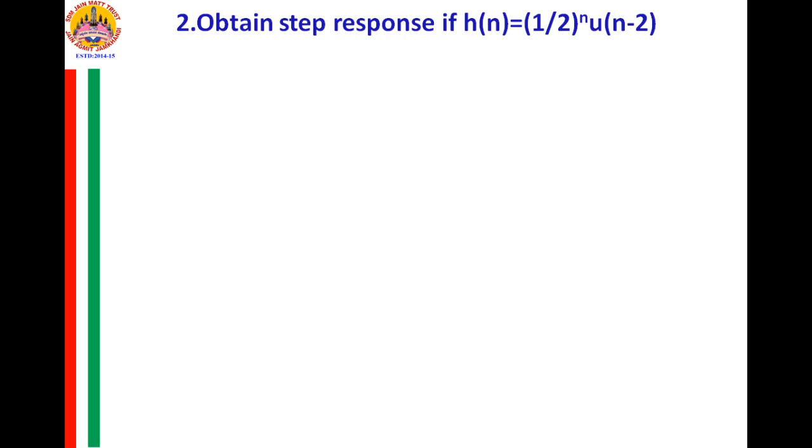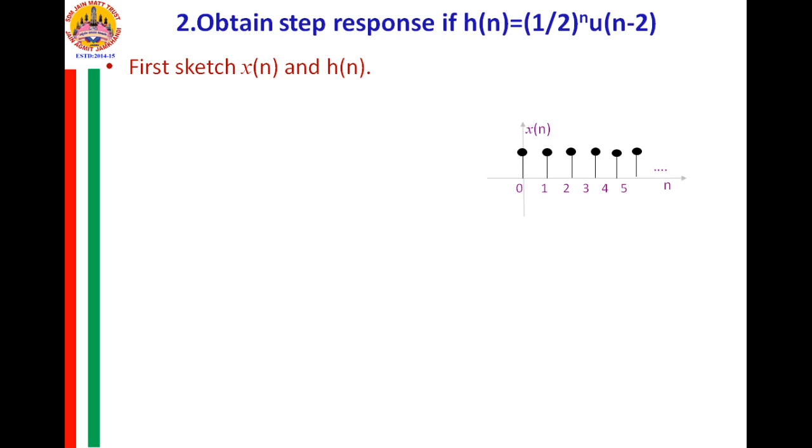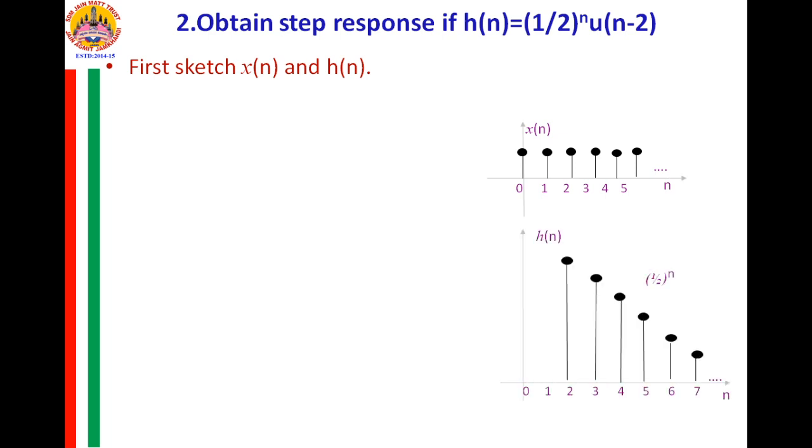Now the meaning of obtaining a step response is the output to the step input that we are supposed to find. That is, we have to assume xn equal to un and obtain yn, that is nothing but the step response. So we sketch xn which is a step signal and this hn which is given as half raised to n u of n minus 2.